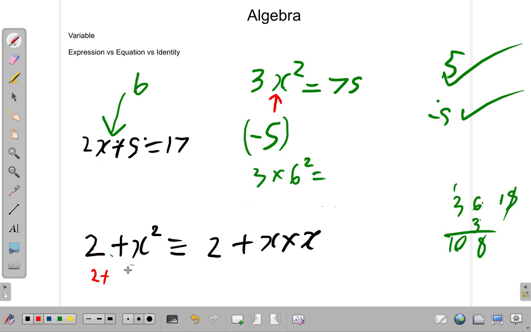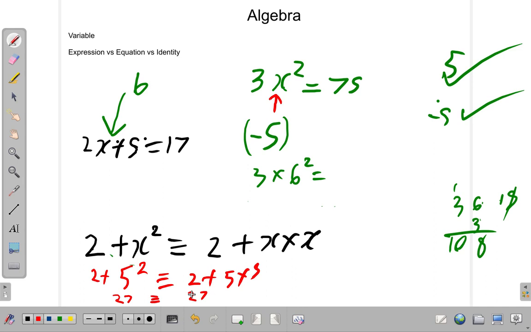x with 5. 2 plus 5 squared is identical to 2 plus 5 by 5. Let's see. 5 squared is 25. 25 plus 2 is 27. And on the right hand side, 5 by 5 is 25. 25 plus 2, same 27. Well, I know here that any number you substitute for x will always satisfy this identity.